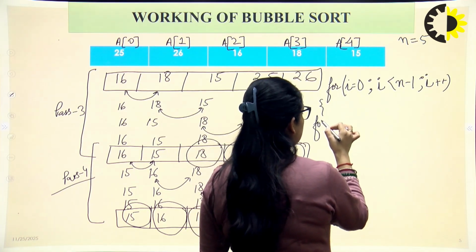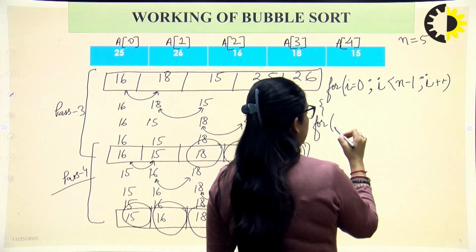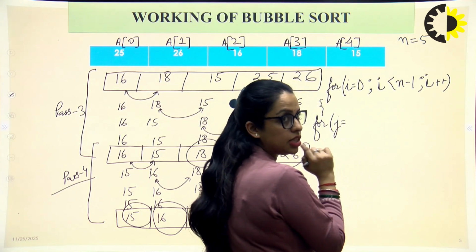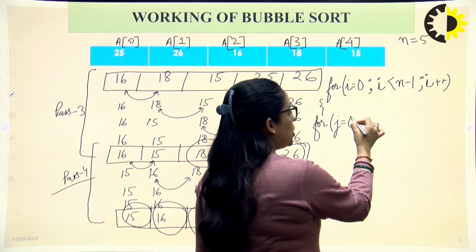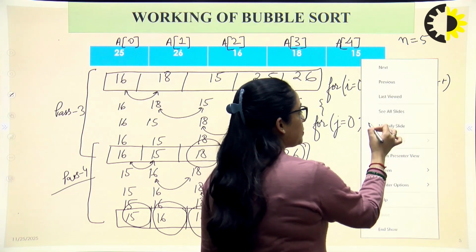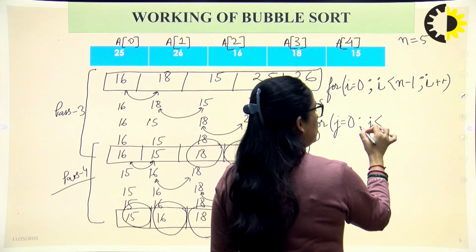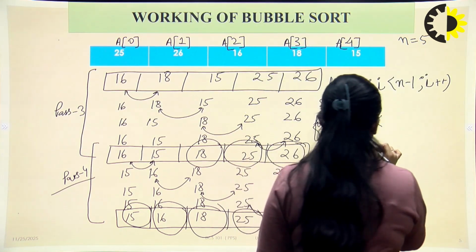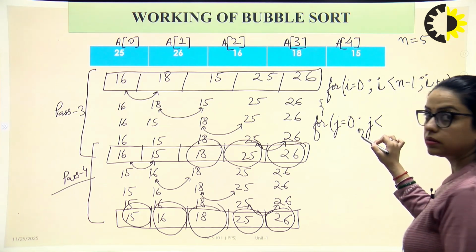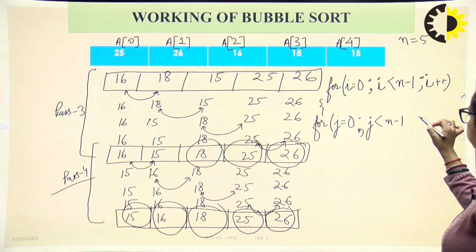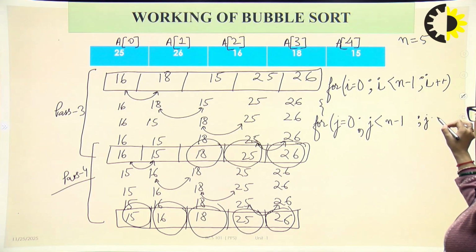N minus 1. So this is how our inner loop looks. For that we are taking a counter variable j. J is going to begin with 0 also here, and j will also run up to n minus 1 value. J will increment.